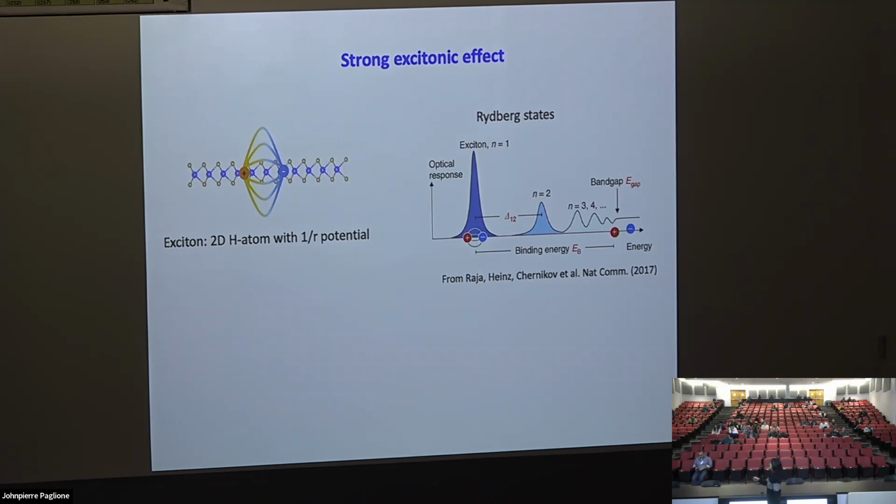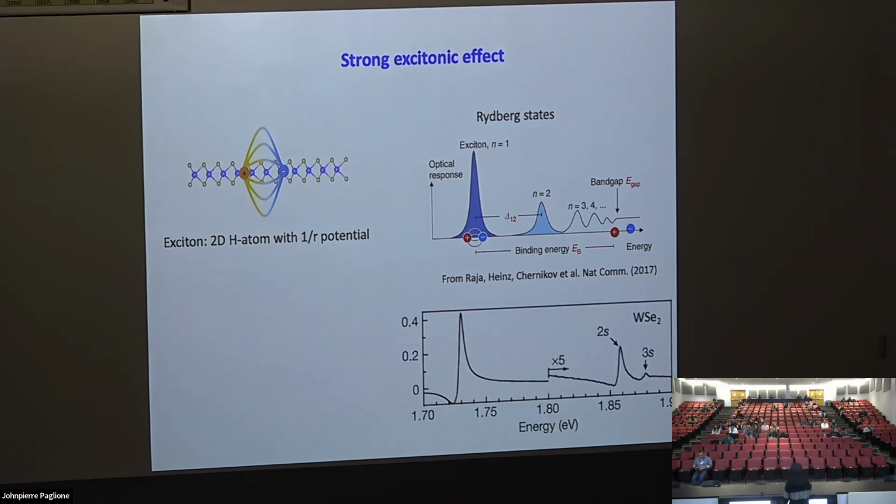This is just a cartoon, which shows the dominant 1s exciton peak, and you have 2s, 3s, and so on until you hit the continuum, and the continuum is somewhere there. Every higher excited state will be weaker and weaker, right? This is a cartoon.